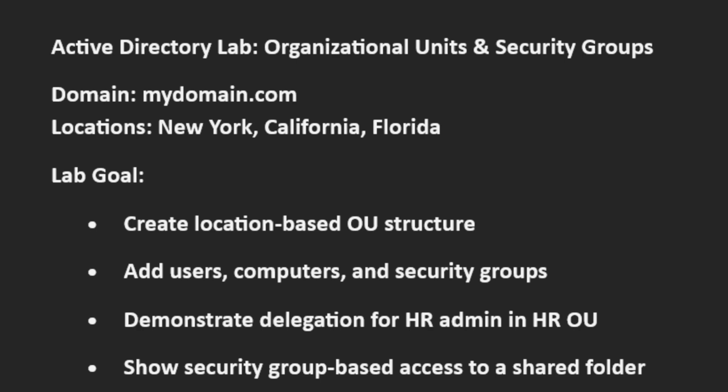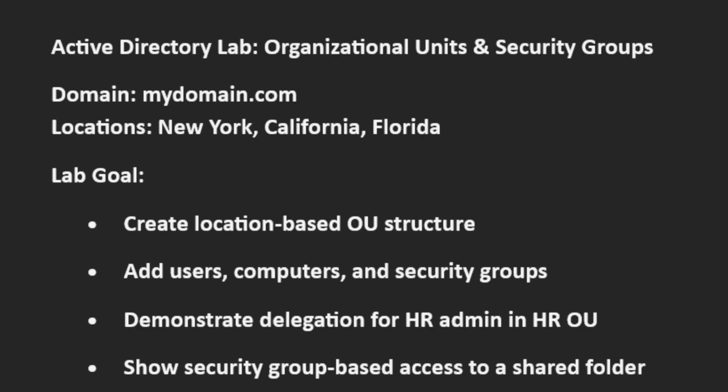The structure will directly enable us to do two really powerful real world skills that we need to master. The first of them being the delegation of administration. We're going to show how to assign the least privilege by giving the HR admin in New York the specific right to reset passwords for their people within that department and only their people.